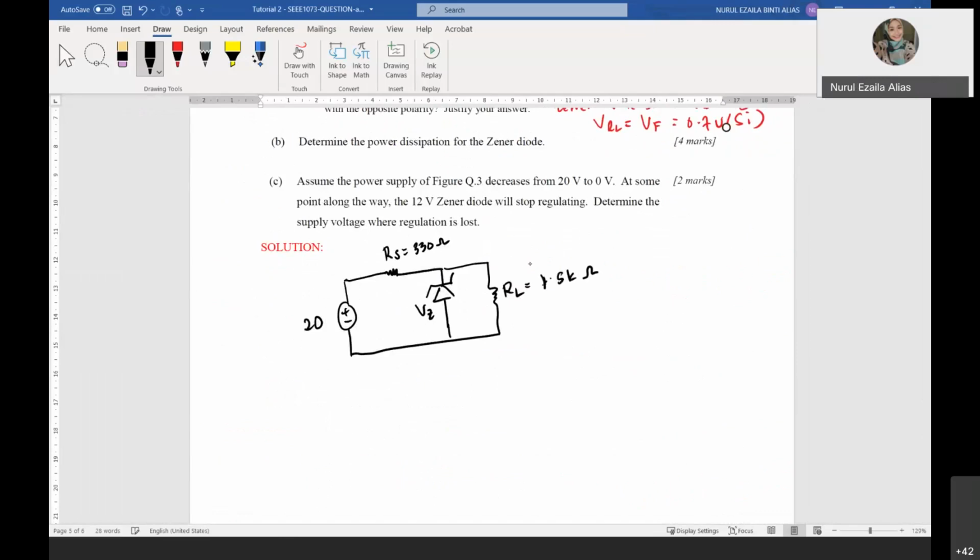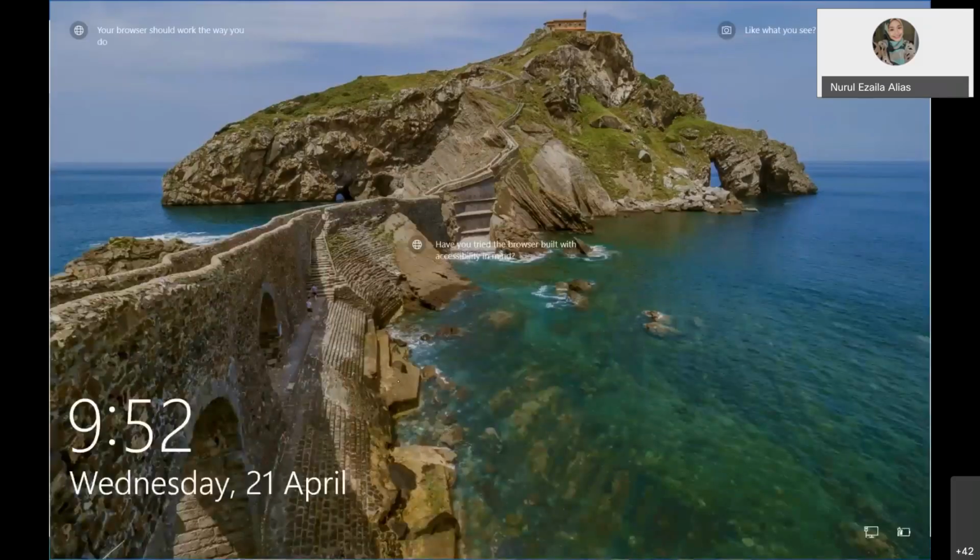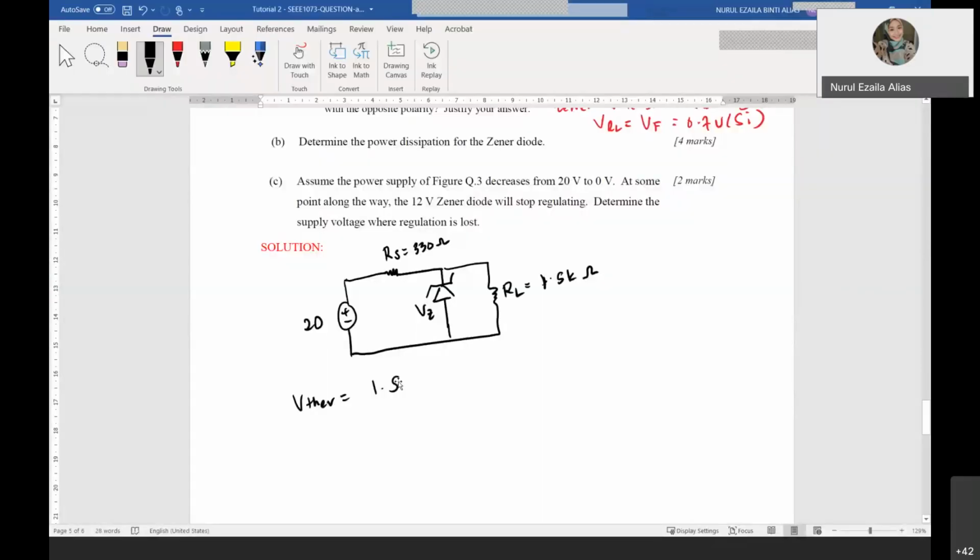So find VThevenin, which is equal to 1.5K over 1.5K plus 330, times 20. Can someone calculate for me?